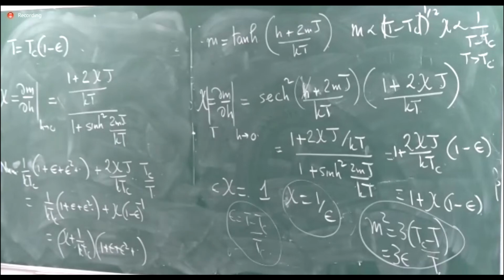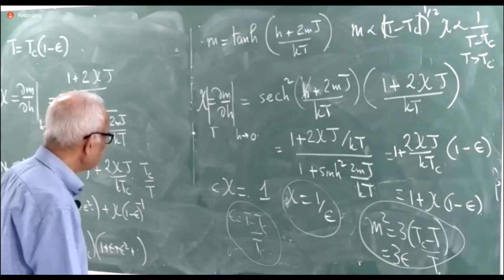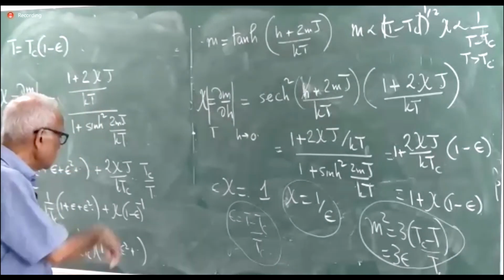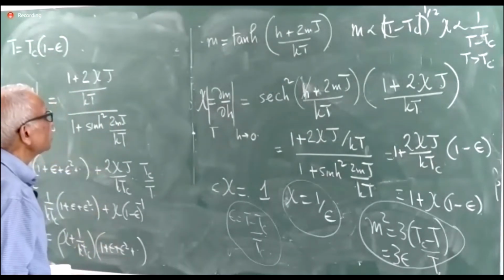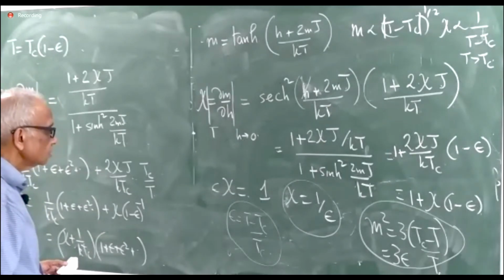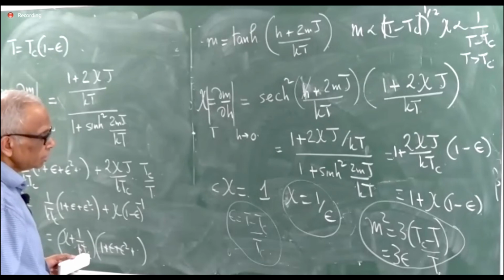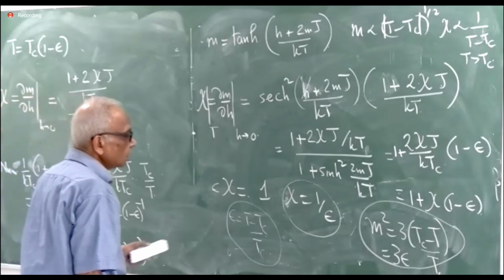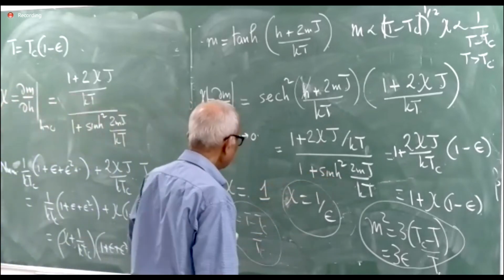So now I have to look at the denominator and get it right. The denominator is 1 plus sinh squared of 2mJ over kTc.